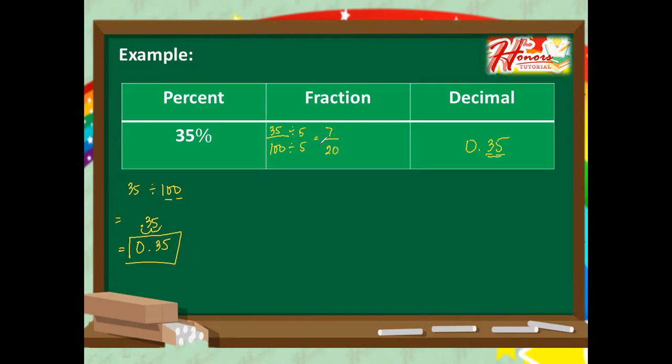Is it the final answer? Yes, it is. Because there's no number that can divide the numerator and denominator at the same time without remainder. So therefore, it is 7 over 20. So therefore, 35% is equal to 7 over 20 as a fraction and 0.35 as a decimal, or 35 hundredths.